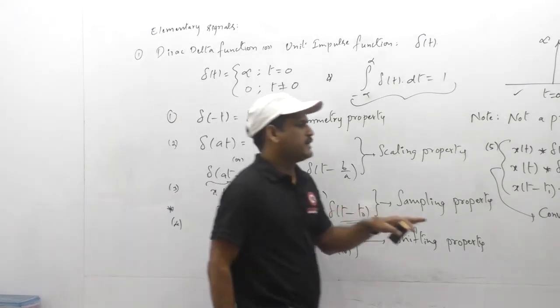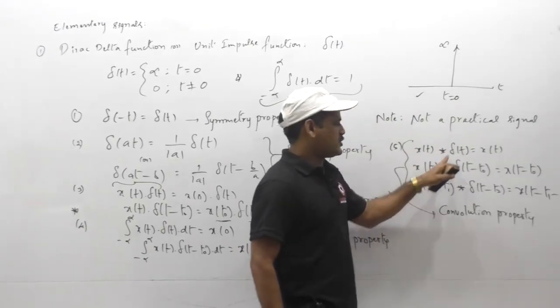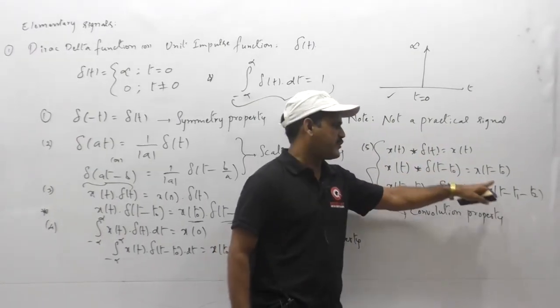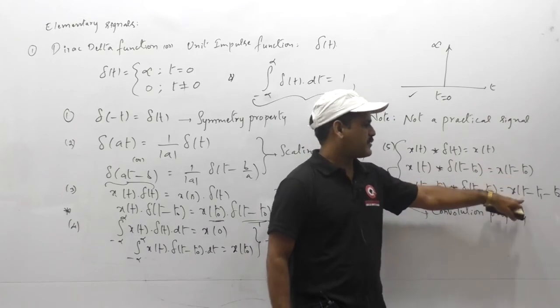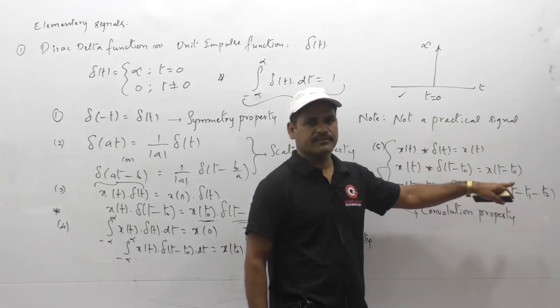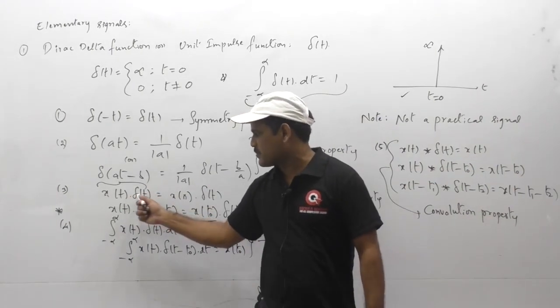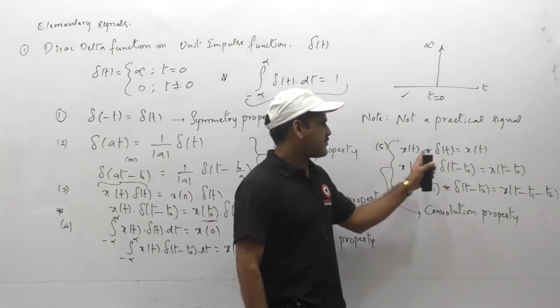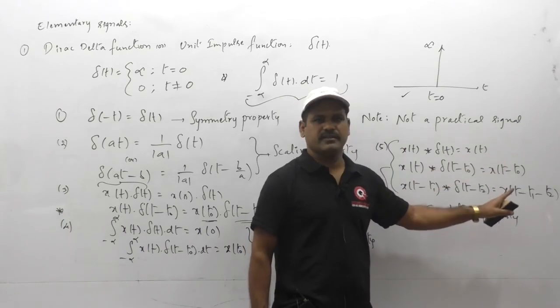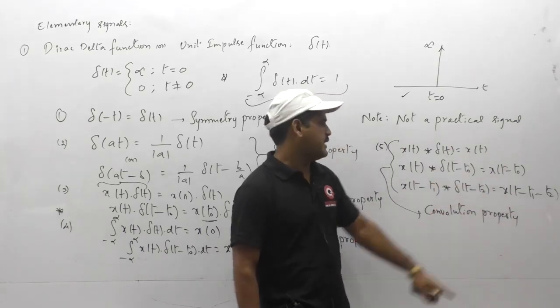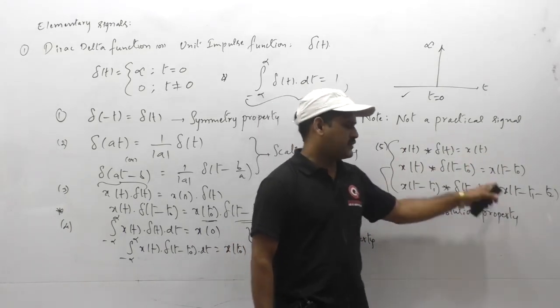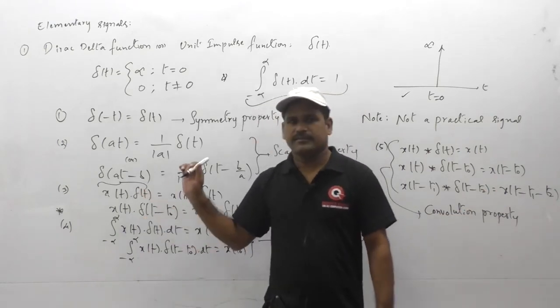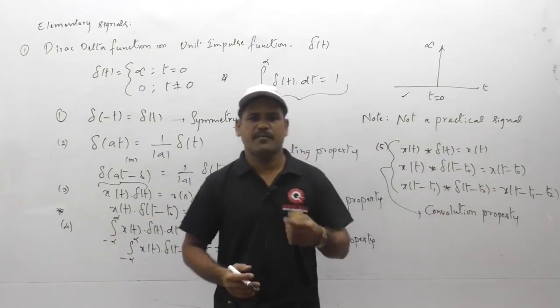Whenever a signal is convolved with the delta function, the signal is there but the delta function is not. In the earlier case, after multiplication x of t is not there, whereas after convolution del of t is not there. Anyhow, convolution goes like this, multiplication goes like this. Each and every property is very important for us.